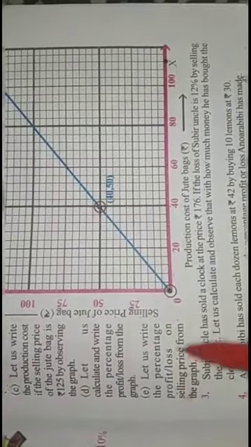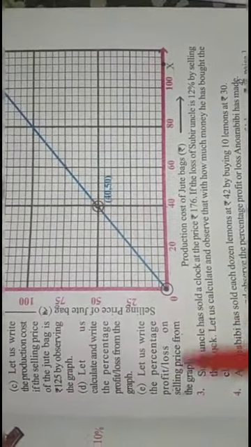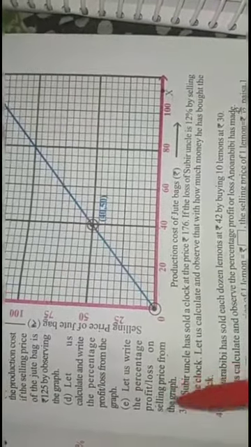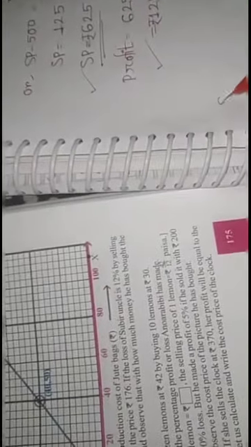Question number E. Let's write the percentage of profit or loss on the selling price. On selling price, look here. In the earlier problem, we solved it on the cost price. But here it is mentioned that you need to find the profit on selling price. So here it is selling price minus cost price by selling price into 100.